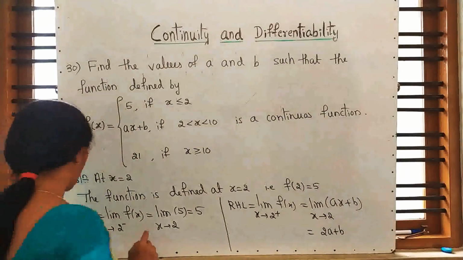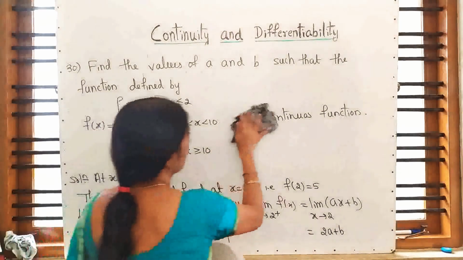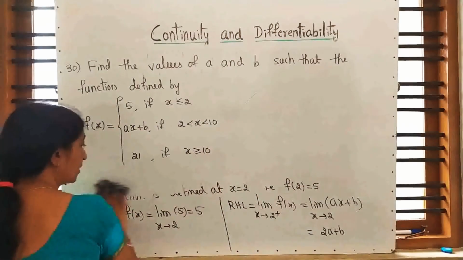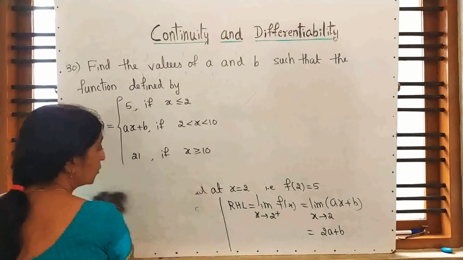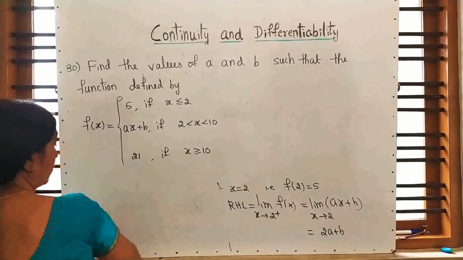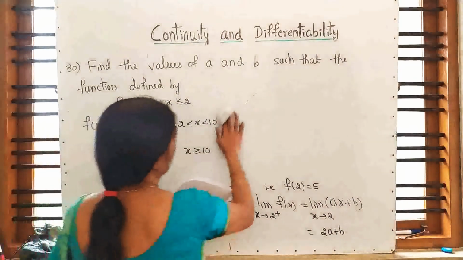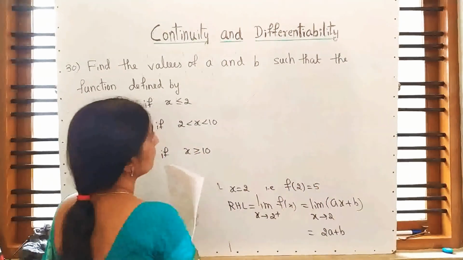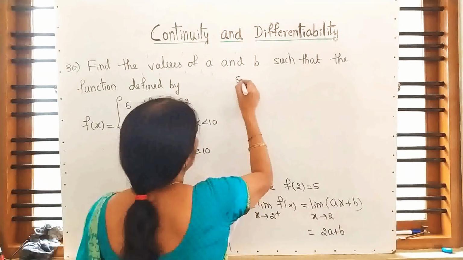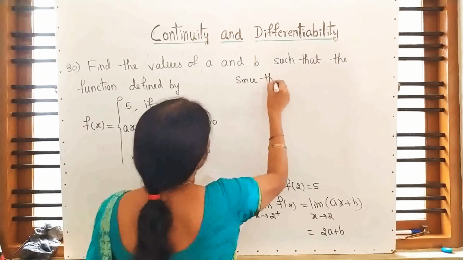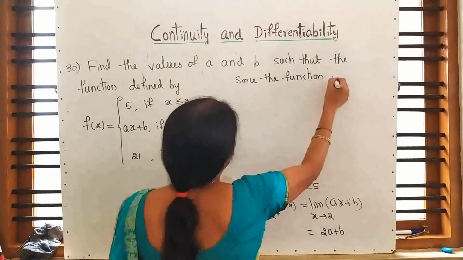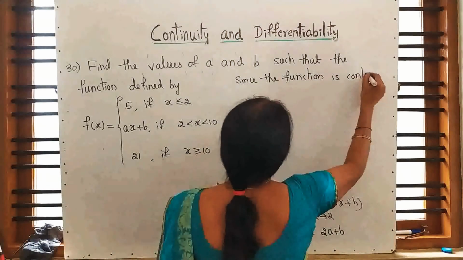But one thing we are given, that is the function is continuous. So the function is continuous means indirectly it is given that LHL is equal to RHL is equal to f of 2. So I kept the problem as it is, remember. Since the function is continuous, don't mix with the problem.